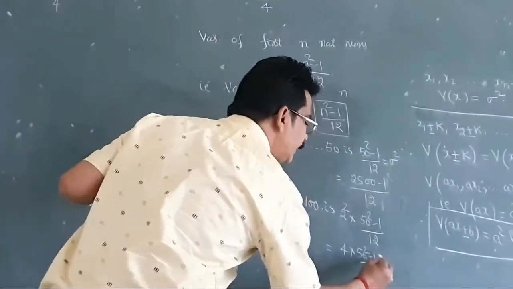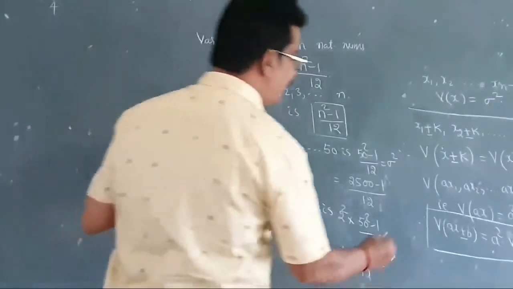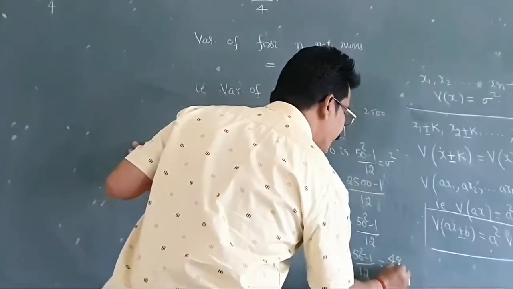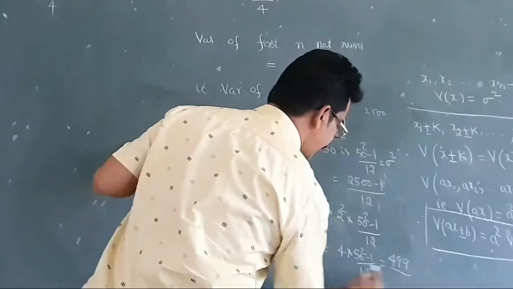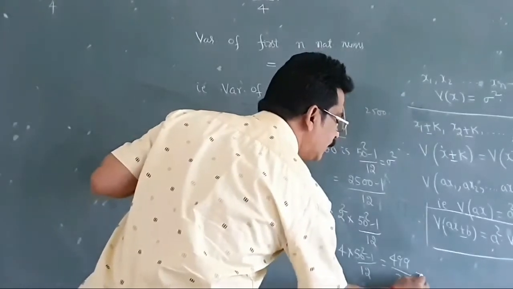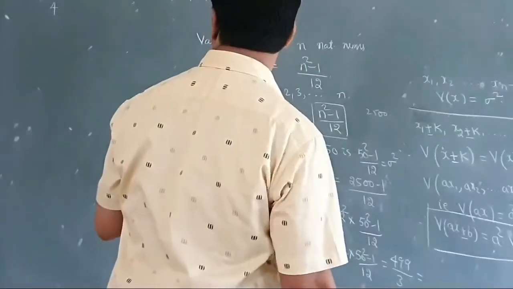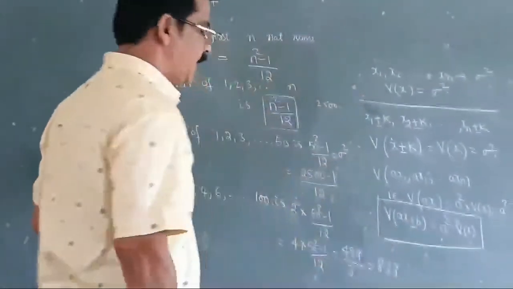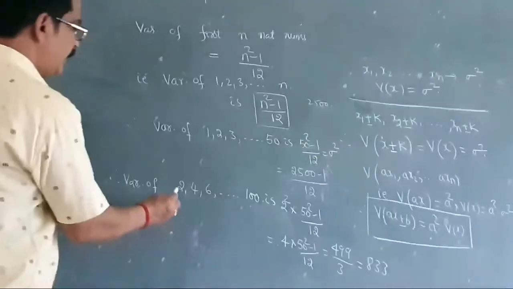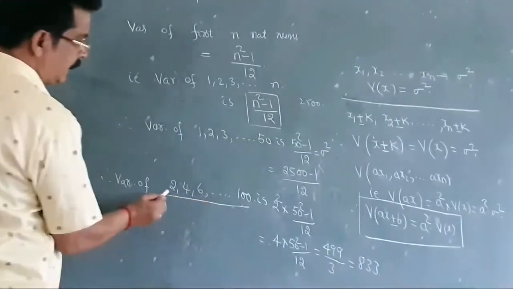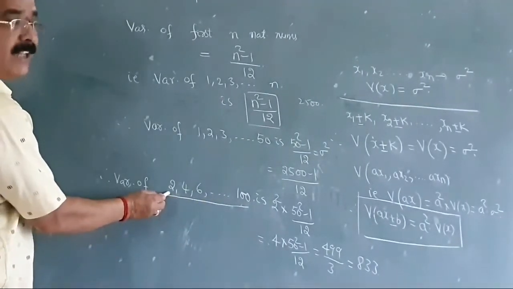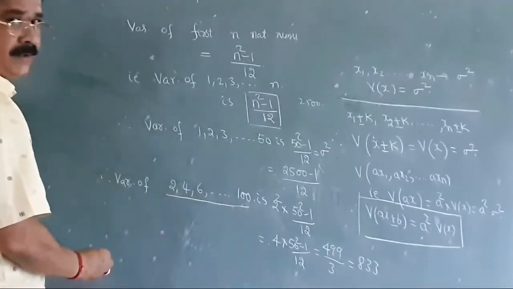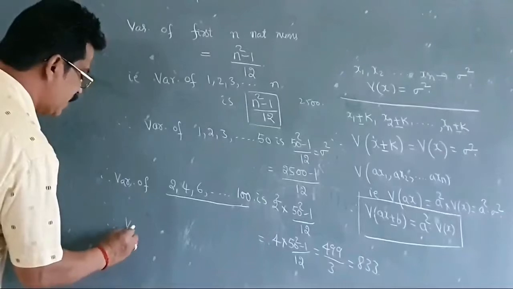That is equal to, 50 square means 2500, 2500 minus 1 is 2499 divided by 3. So that is equal to 833. Okay, 833. Actually it is what? The even natural numbers means 2, 4, 6, and so on. How many are there?